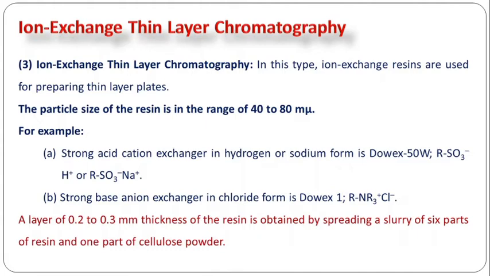Cellulose powder just acts as a binder so that the resin binds on the plates. So take a plate, take the resin-cellulose slurry, and spread it using a commercially available spreader on a glass plate or aluminum plate, and make that thin film, which is called the chromatoplate.